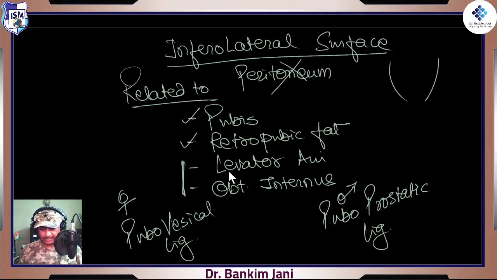These are the muscles which are so important. And in case of female, it is pubo-vesical ligament, and in case of male, it is pubo-prostatic ligament, right? We'll just see that.